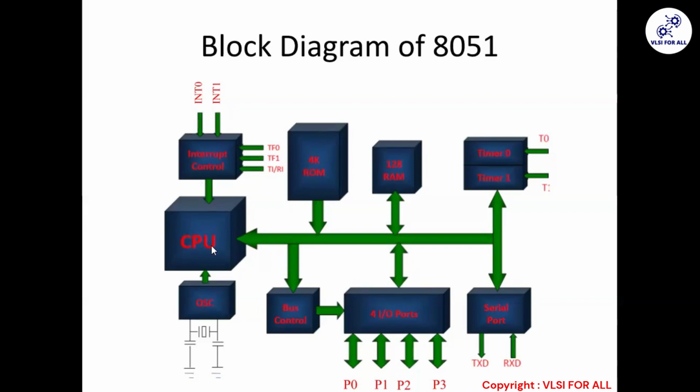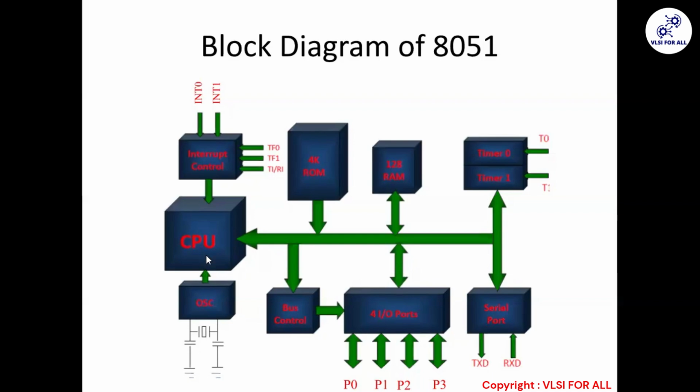Similarly, what is given to this CPU? One oscillator, or clock frequency, has been given. The arrangement is a crystal with capacitors; that is the arrangement of our oscillator. 11.0592 megahertz is the frequency we are supplying to the ALU for working.